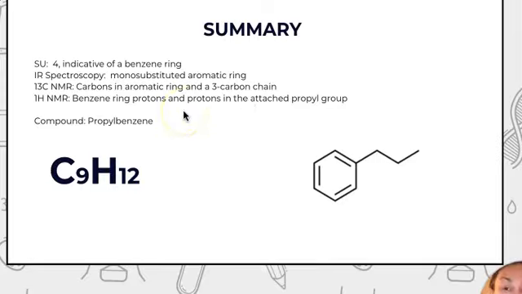And the hydrogen NMR and the proton environments did tell us a little more about the connectivity. So we were able to identify that our compound is propylbenzene, and it's a benzene ring with a propyl group attached to it. And thank you.